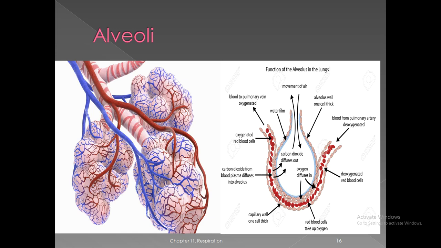At the junction, it becomes red, and that red blood again goes towards the heart. It is called the pulmonary vein. So the pulmonary artery brings deoxygenated blood from the heart, and the pulmonary vein brings oxygenated blood back to the heart from the lungs.